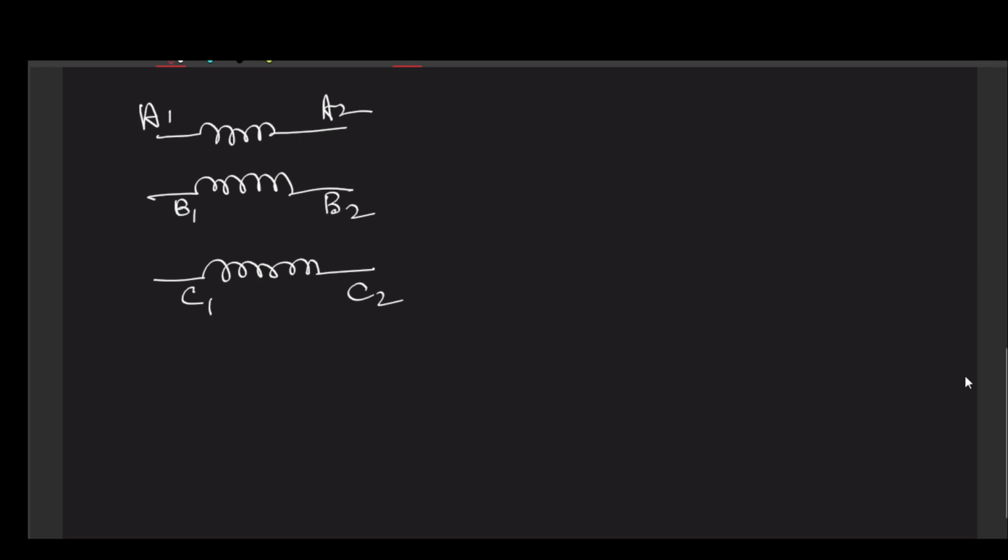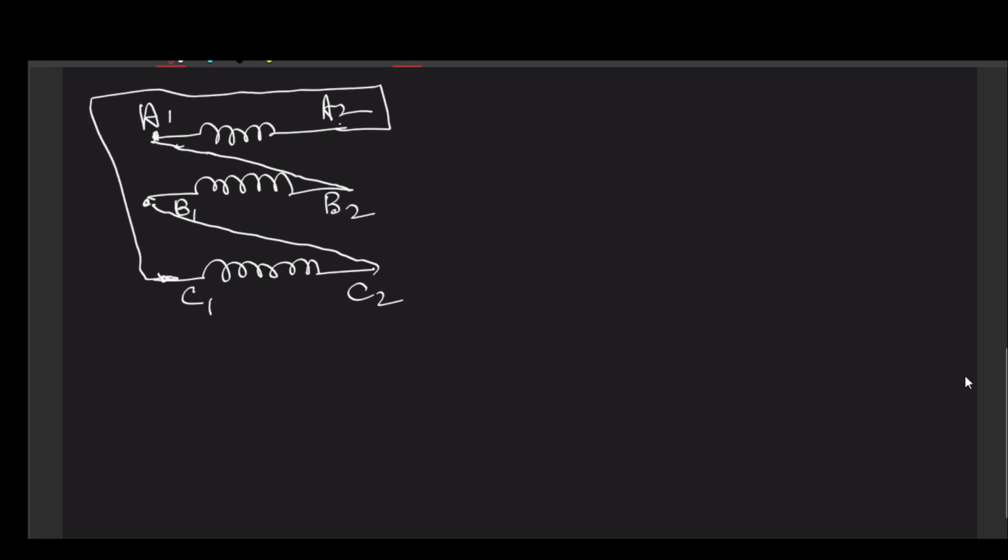Do remember one thing, that in delta we never connect A2, B2, C2 like star. We always connect one with the terminal of other two. So A1, B2, B1, C2, and then finally A2, C1, right? If this is our primary, then how to realize the secondary?